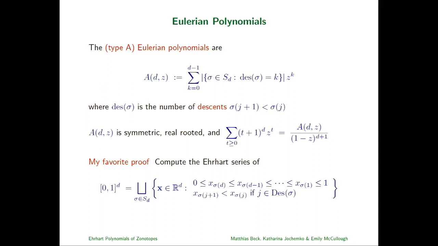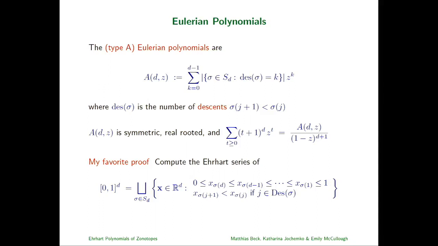This is something Katharina could give you as a homework, let's say. I claim the descent set of a permutation is natural over here exactly for a tiebreaker. If you leave out this line down here, you have a triangulation of the unit cube, the standard triangulation of the unit cube.